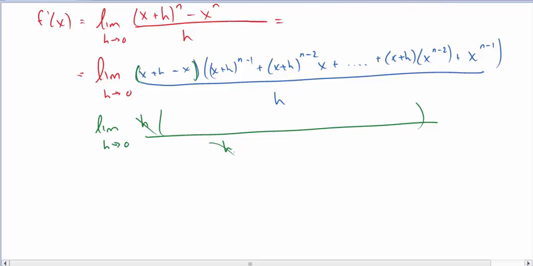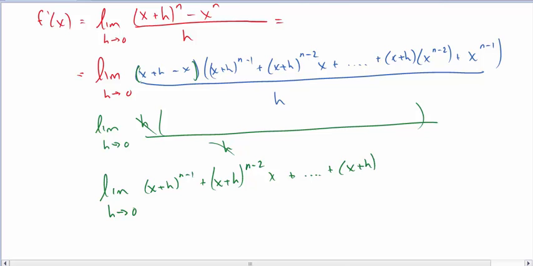That's nice. The h's are going to divide out, and we're left with the limit as h goes to 0 of (x + h)^(n-1) plus (x + h)^(n-2) times x plus and so on, plus (x + h) times x^(n-2) plus x^(n-1). And this is something we can take the limit as h goes to 0 of.